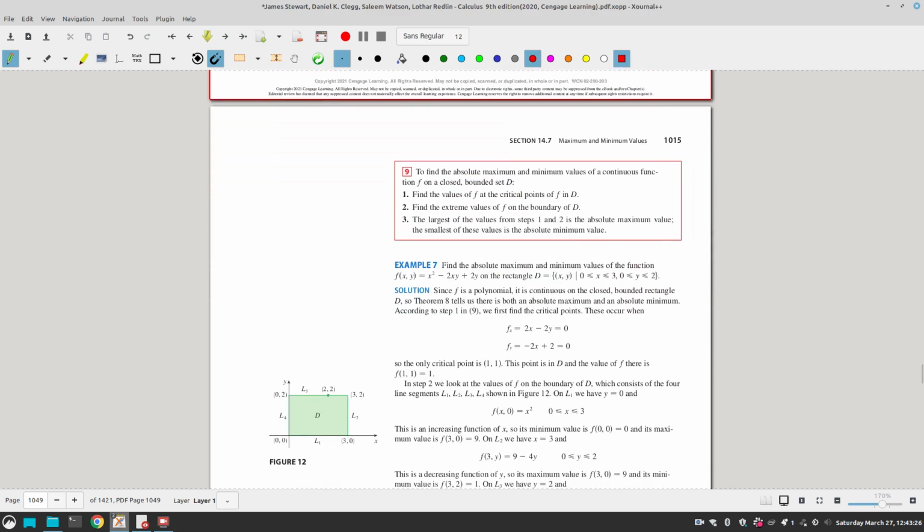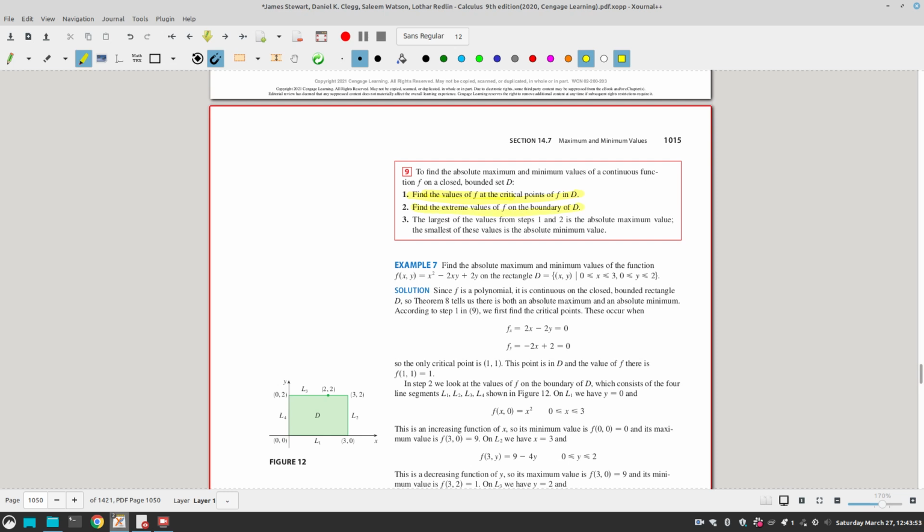Now, if you want to find the absolute maximum and minimum of a continuous function on a closed bounded set D, then what you need to do is find the values of f at the critical points, and then find the extreme values of f on the boundary of D, right?